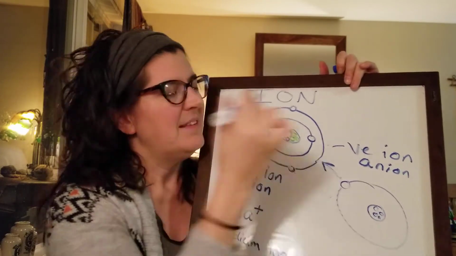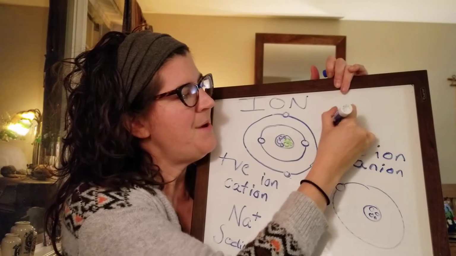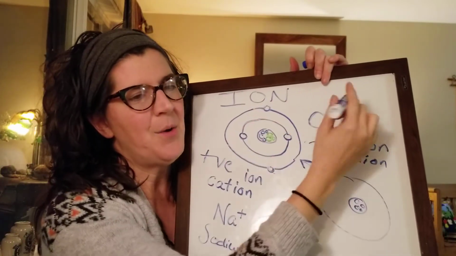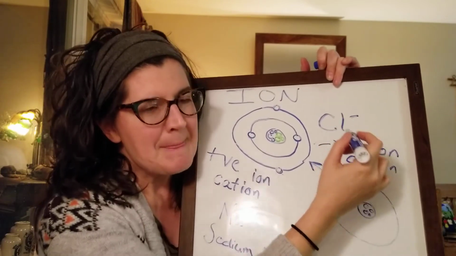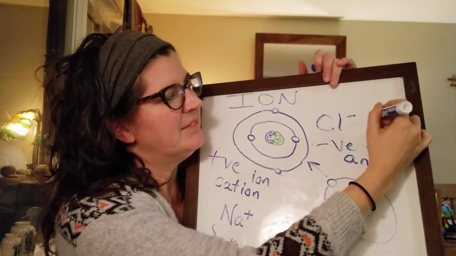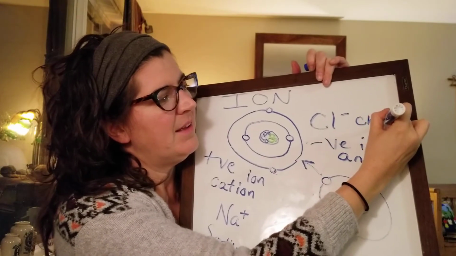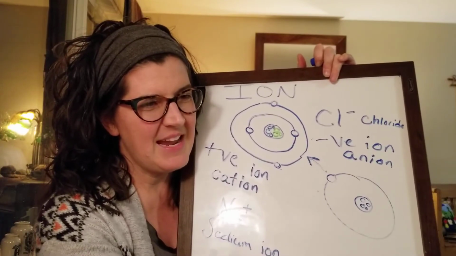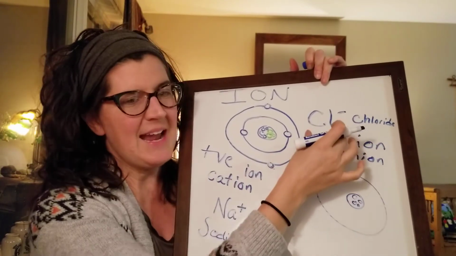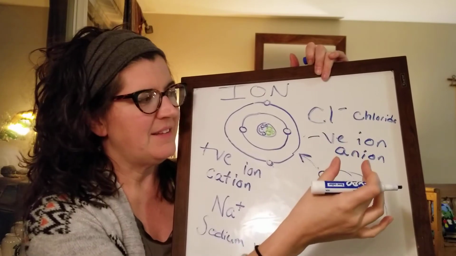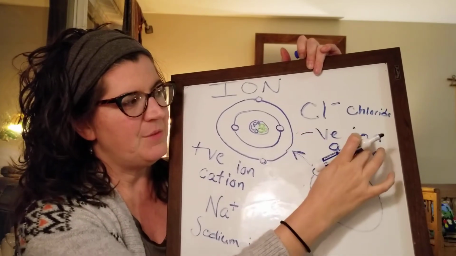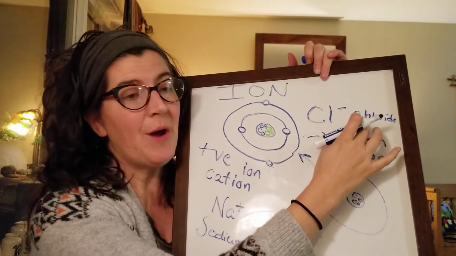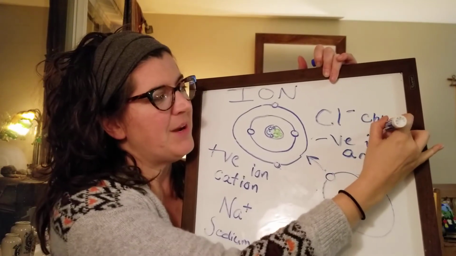So Cl negative is going to be chloride. It would be a chlorine atom, but that was negatively charged, a negative ion or an anion, and we now call it chloride, and we still keep the word ion.